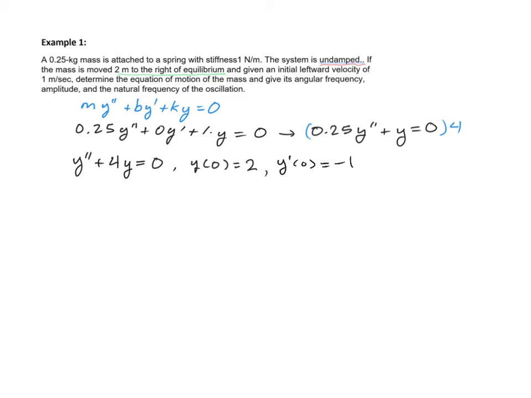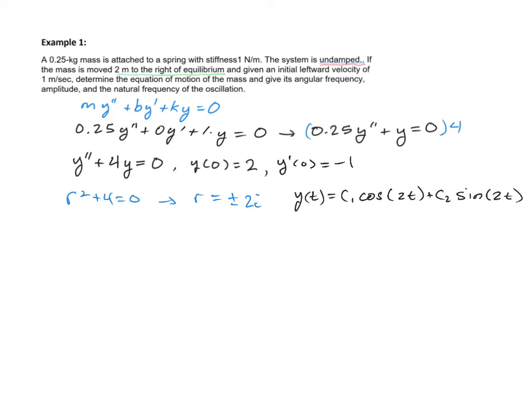So first step in solving that problem, of course, is writing down the corresponding auxiliary equation. That's r squared plus 4 is equal to 0. So that makes our r equal to plus or minus 2i. So our general solution is going to be y of t is c1 cosine of 2t plus c2 sine of 2t.